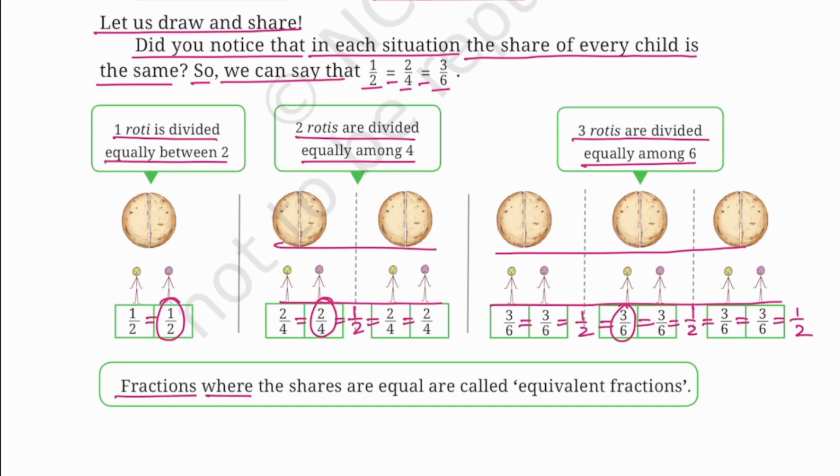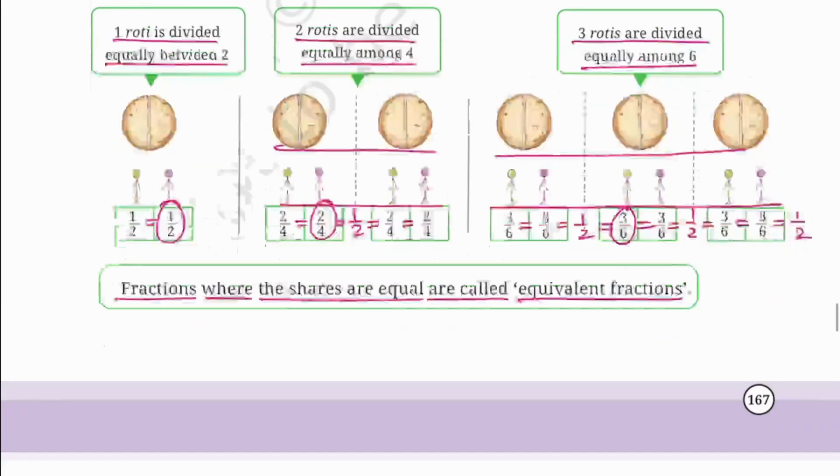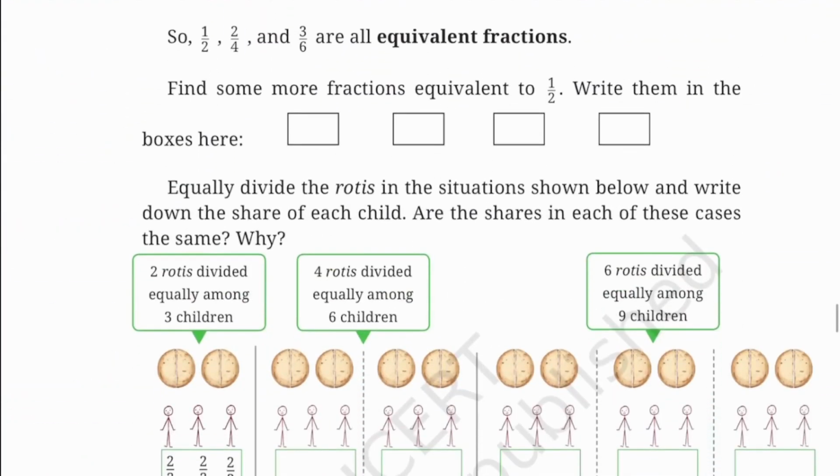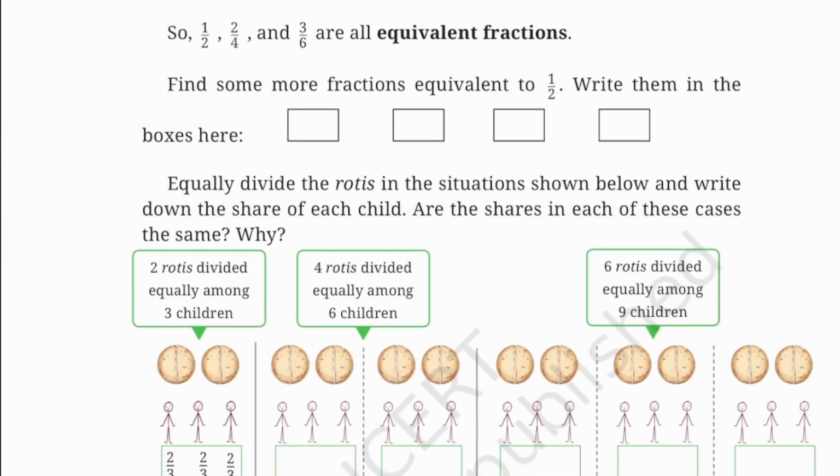Fractions where the shares are equal are called equivalent fractions. So 1 upon 2, 2 upon 4 and 3 upon 6 are all equivalent fractions. Find some more fractions equivalent to 1 upon 2. Write them in the boxes here.